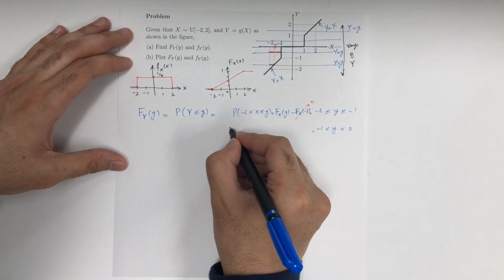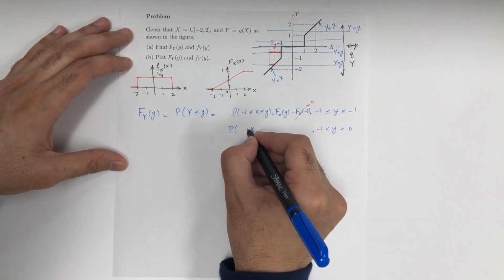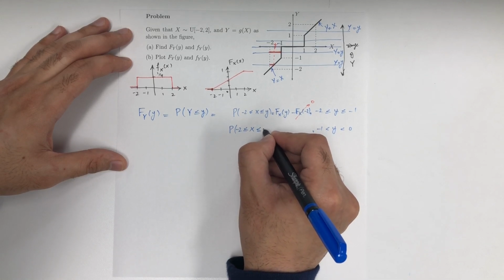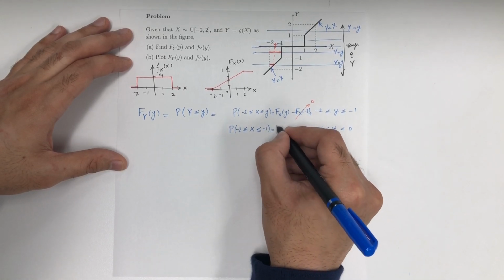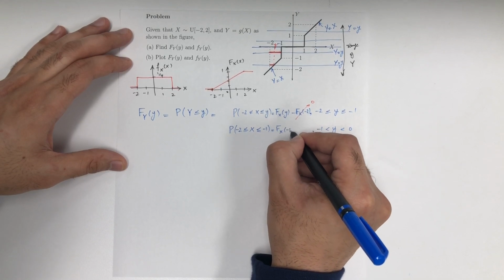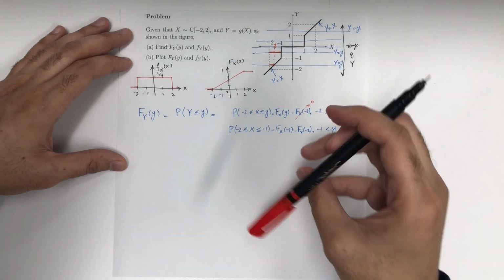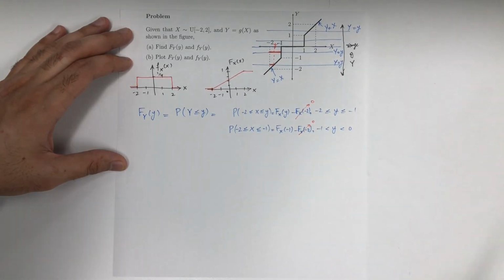So this means that the probability that x has to be between -2 and -1, which is just Fx of -1 minus Fx of -2. And again, this Fx of -2 is 0.